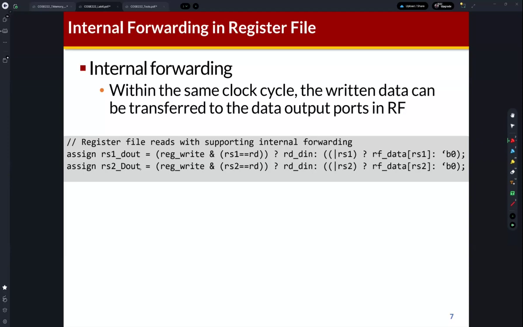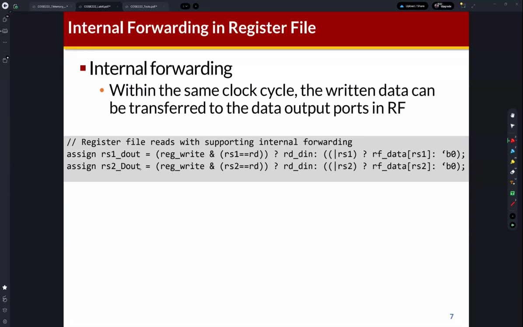So this is the internal forwarding. So actually, for the single cycle processor design, the register file does not need to support internal forwarding.